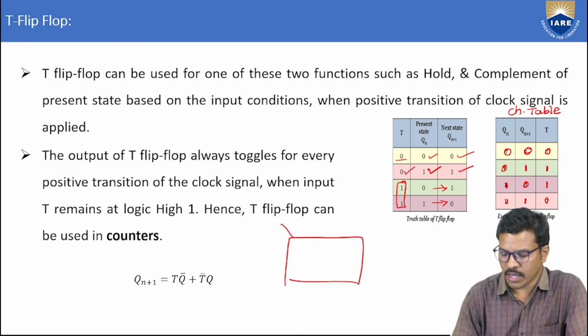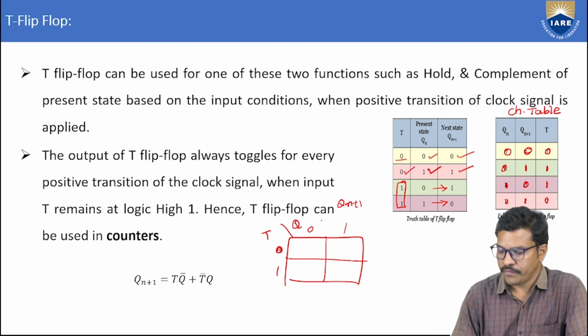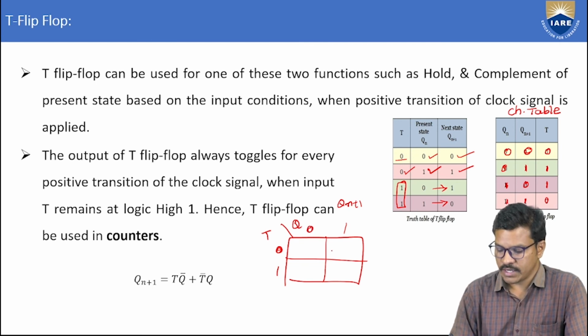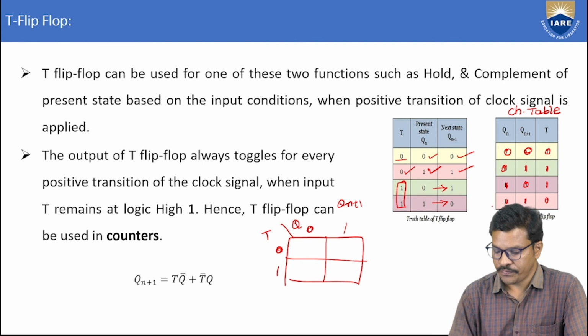Now consider the K map. Here also a two variable K map, with T and the present state Q, to make the equation for Q n plus 1. T is 0, Q is 0, next state is 0.